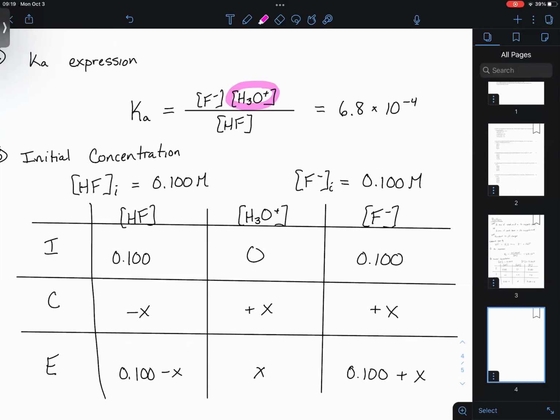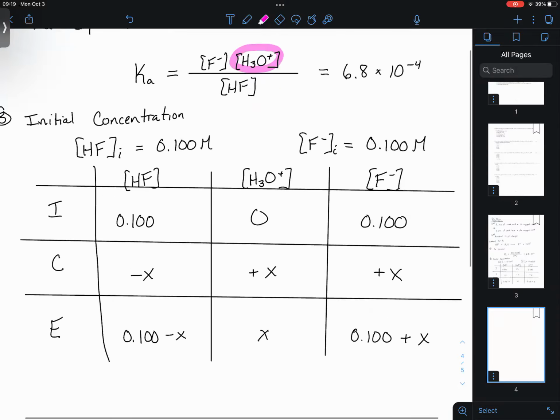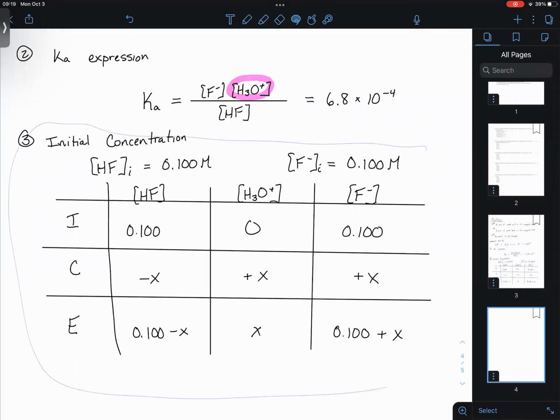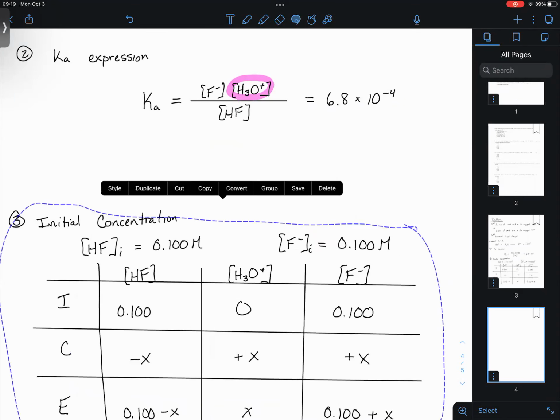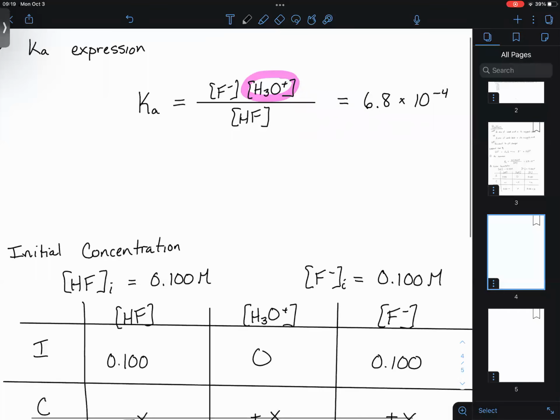So I'm going to put that all by itself and the Ka on the other side, right? So if I rearrange this expression, I'm going to get my hydronium ion all by itself. And that's going to be equal to Ka times HF over F minus.